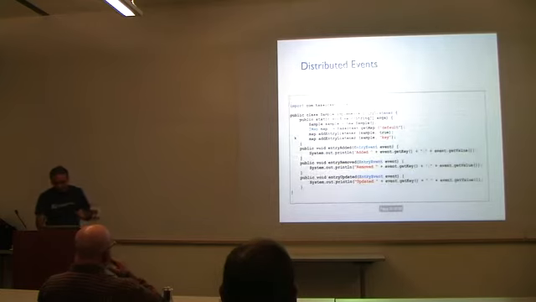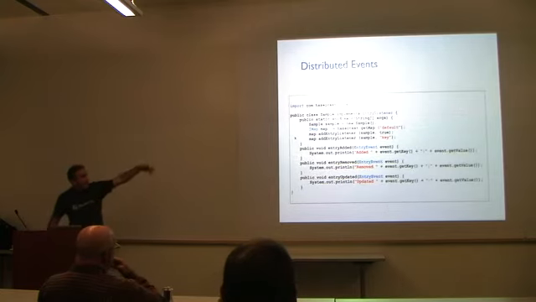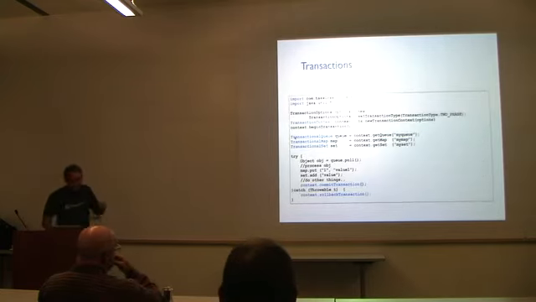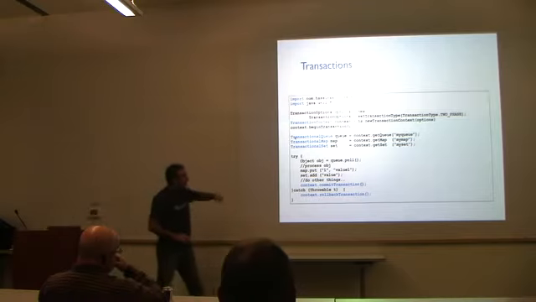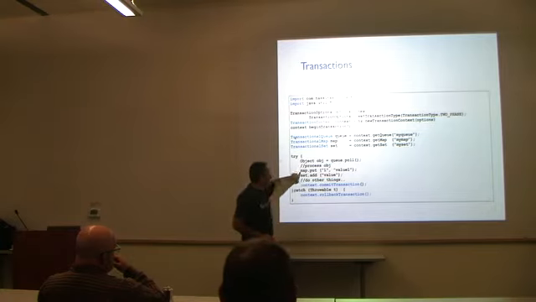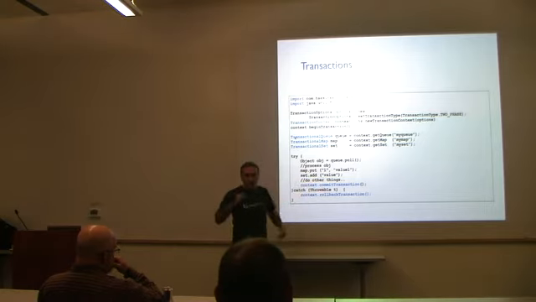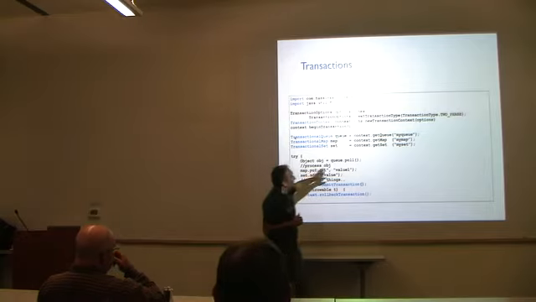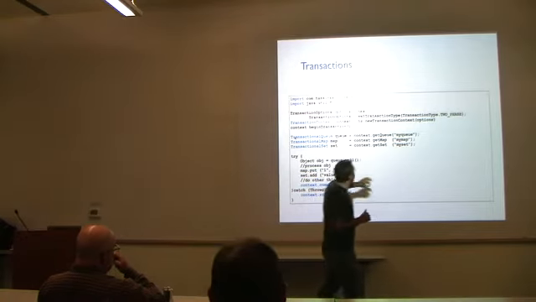So events, we talked about events, so you can listen for map events. Transactions. Let's say you want to do something like queue.pull and process that, and put something into a map, and then commit, or if something went wrong, you roll back, right? It could be a two-phase or a single-phase commit.